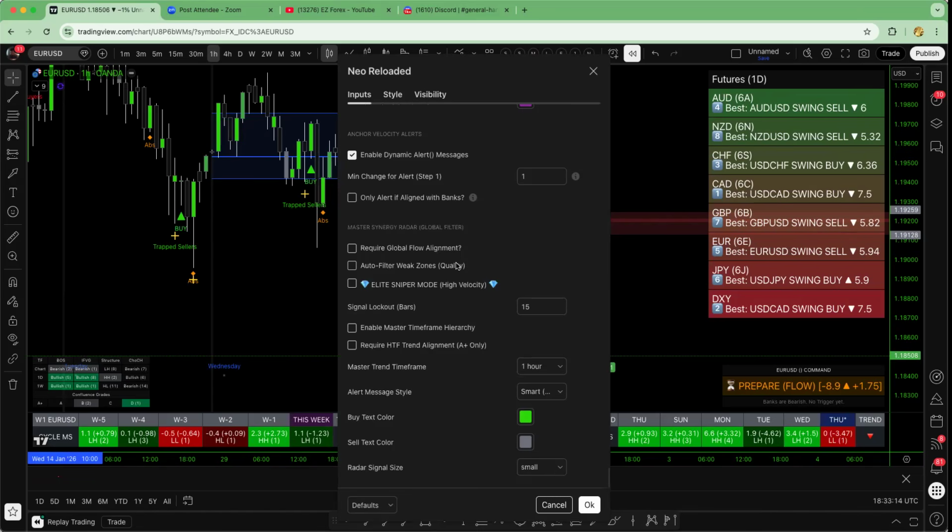Because if there are weak trapped buyers or sellers, it's not as good as medium or strong trapped buyers and sellers. So you can filter the buy and sell alert signals to mitigate all of the weak zones, and that's anything below the 1 hour chart. Anything below the 1 hour chart, if it's not medium or strong, it won't give you the alert.